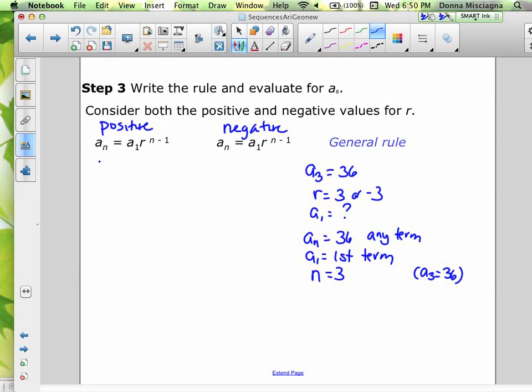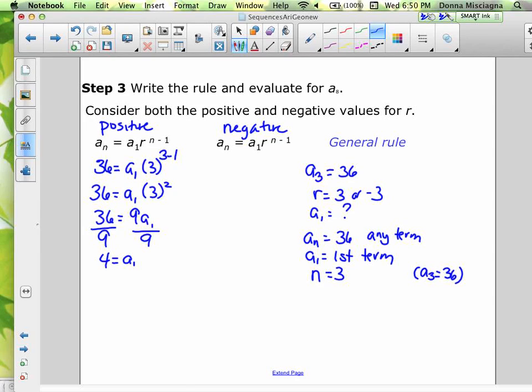So AN is 36 equals A1 times 3 to the 3 minus 1 power. All right, so that's 36 equals A1 times 3 squared. 3 squared is 9, so I have 36 equals 9 A1, and we'll divide both sides by 9 because we're solving for A1. So we have 4 equals A1.